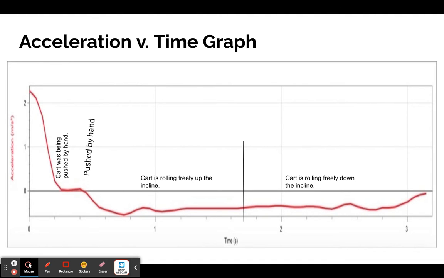On the way down the incline, the object's going to speed up. If the object is speeding up and the velocity is negative, acceleration must be negative. Okay, the signs for acceleration and velocity tell us whether the object is speeding up or slowing down.